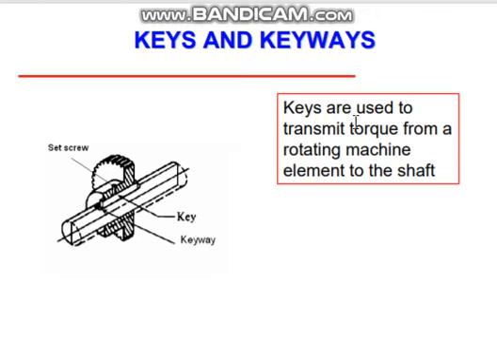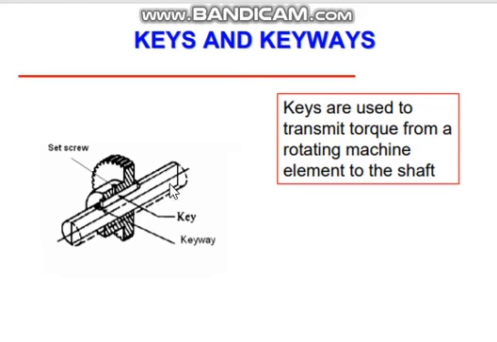See, keys are used to transmit torque from a rotating machine element to another rotating element, which is a shaft. Keys are used to transmit from a rotating machine element to the shaft, or shaft to the rotating element.